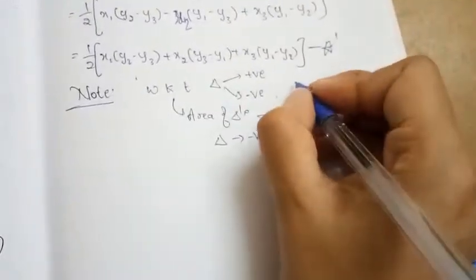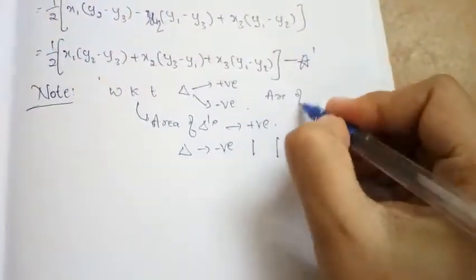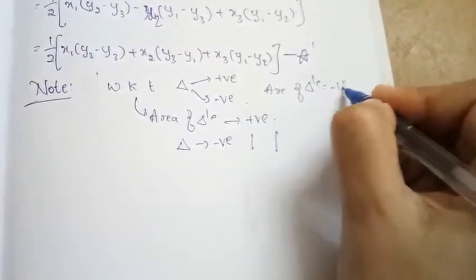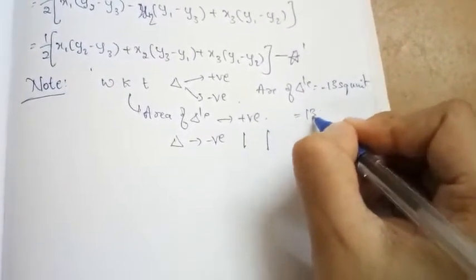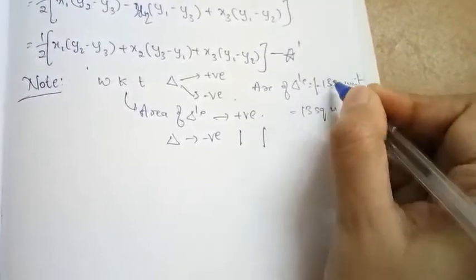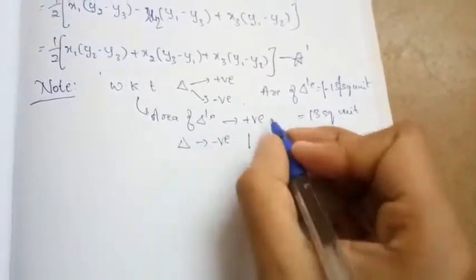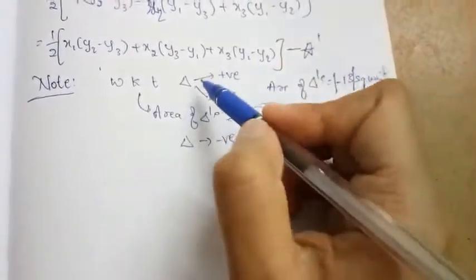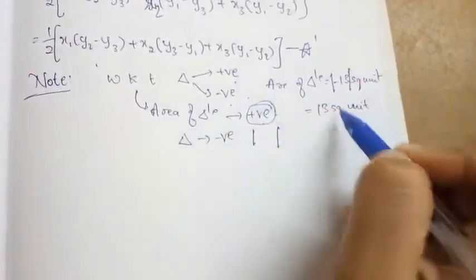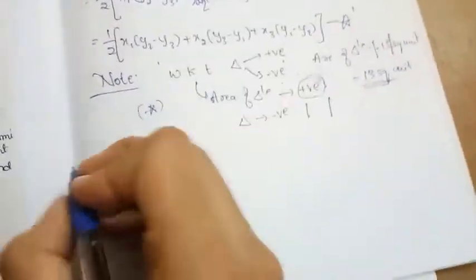Suppose the area of the triangle comes to minus 13 square units, we write it as 13 square units, taking the absolute value. Even though we may get the determinant value as negative, we keep the absolute value. This is the first thing to note.